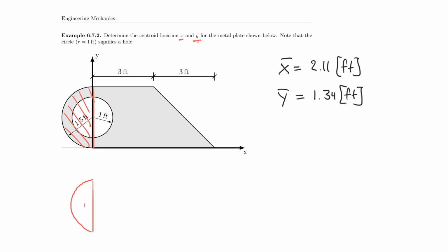So let's say there's a centroid location right there. Of course, you know already that for a semicircle in this direction, let's call that y bar or y tilde would be equal to r, right? Because r is effectively this distance from the center of that line to any point on that circle. So we'll call that r.